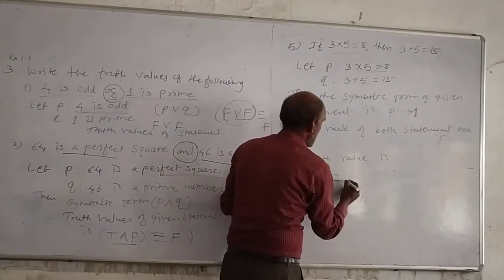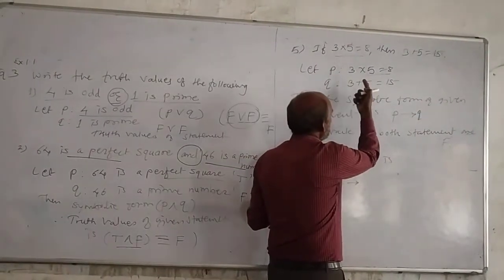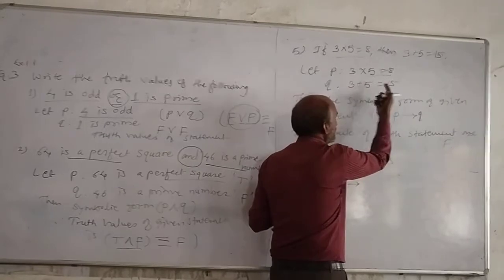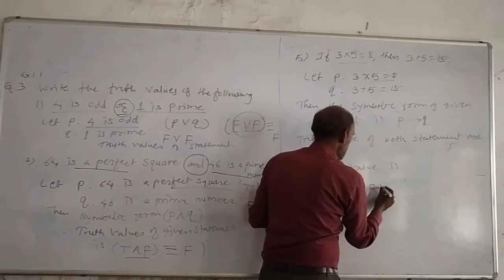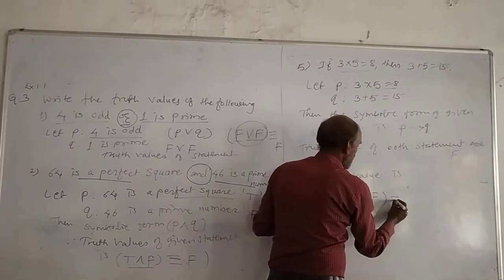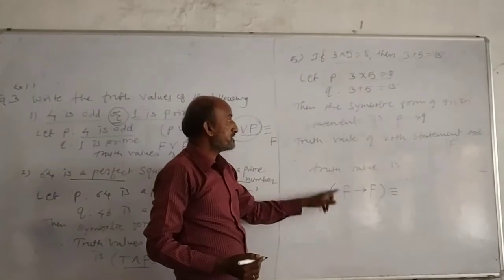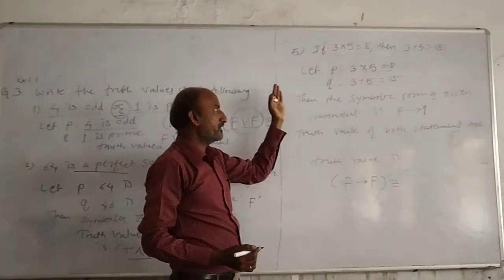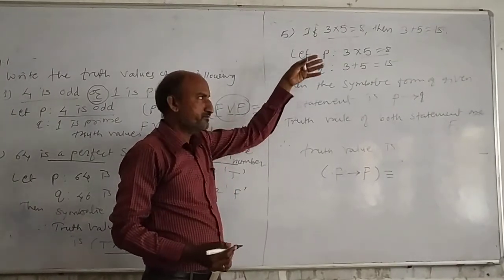Connective is implication. Again the second statement, 3 plus 5 equal to 15, is also false. See, what is the rule of the connective? Conditional statement if then.